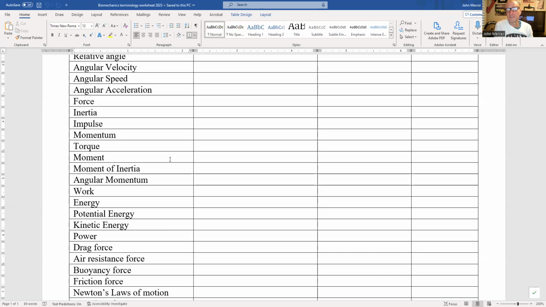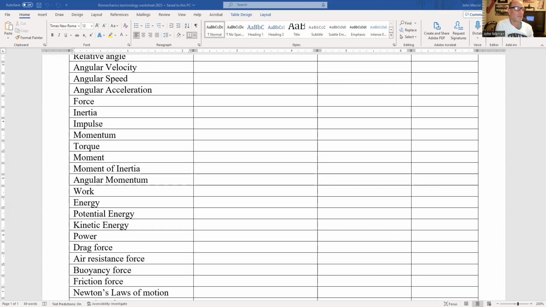Moment of inertia is an object's resistance to change in rotation, and it's represented by the equation I equals sum of mr squared, where m is mass particles and r is how far that mass particle is from the axis of rotation, squared. So sum mr squared.